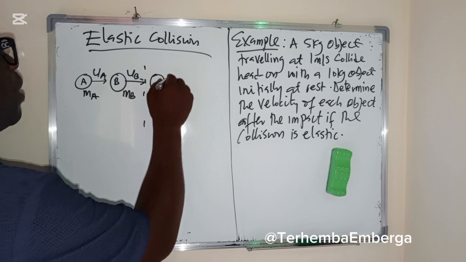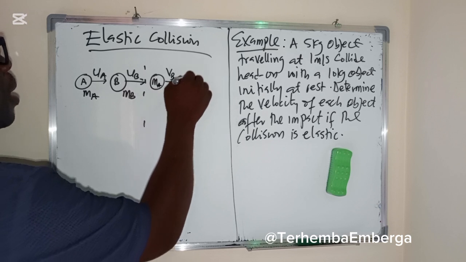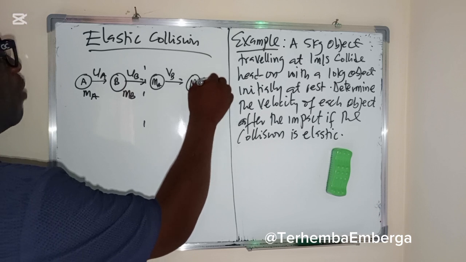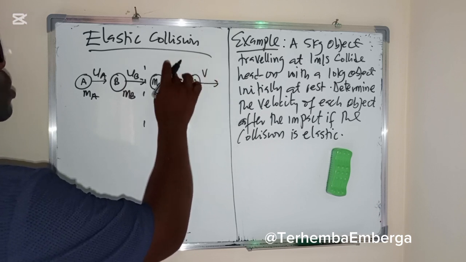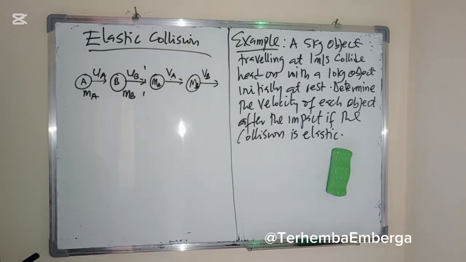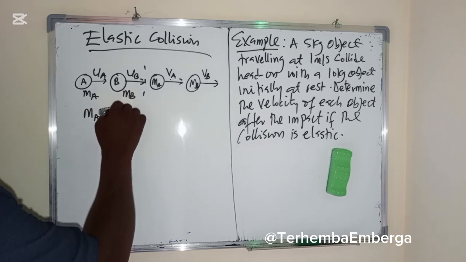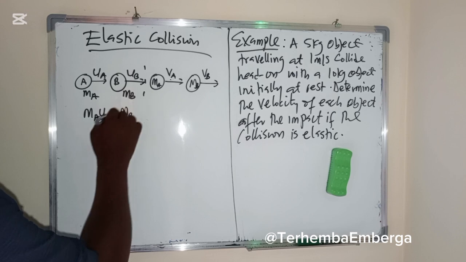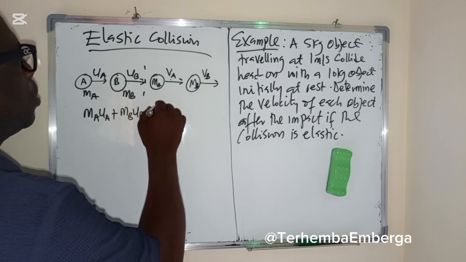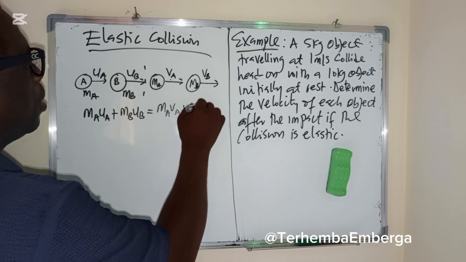Body A moves with a final velocity VA and a mass still MA, and body B moves with the same mass and the final velocity VB. So the momentum before collision will be MA UA plus MB UB, equal to MA VA plus MB VB.